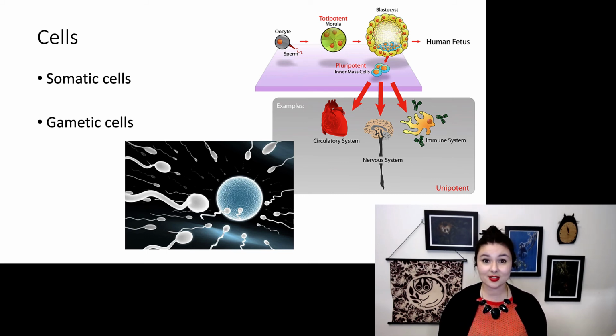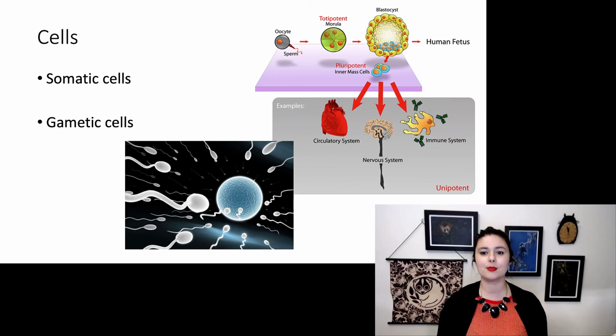However, our somatic cells, even though they won't be making any children for us, do have a really interesting development cycle. As they develop, they actually lose the potential to turn into different types of cells, and they differentiate into a very specific type, and they get more and more differentiated as development happens.